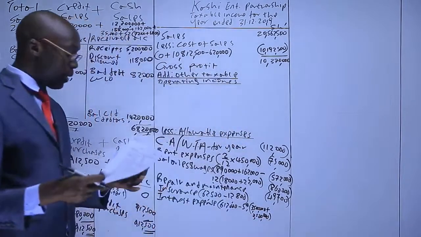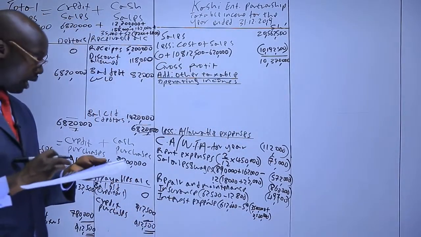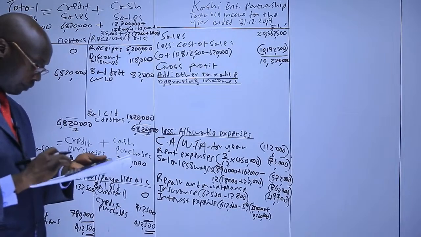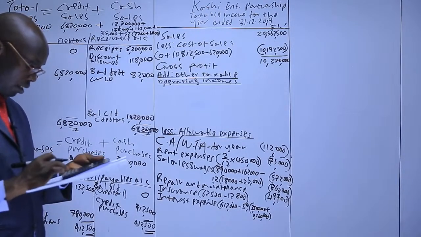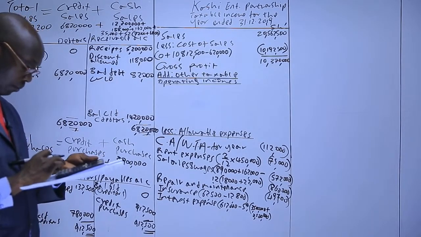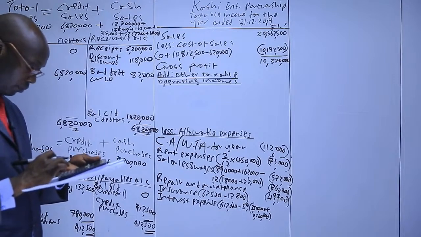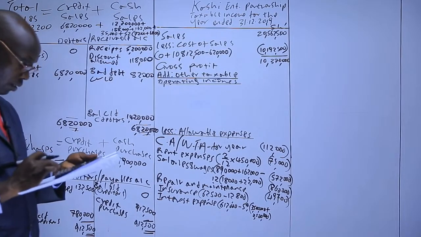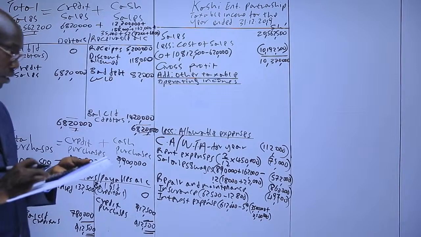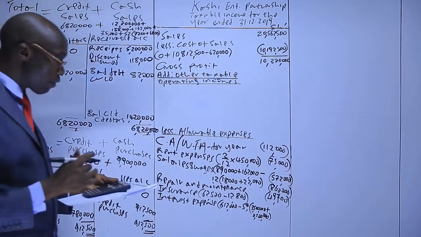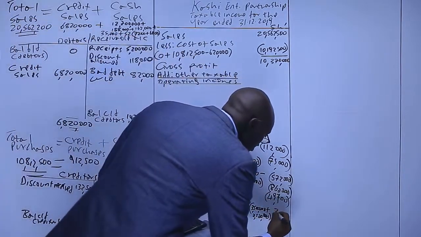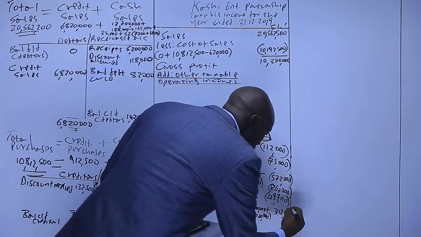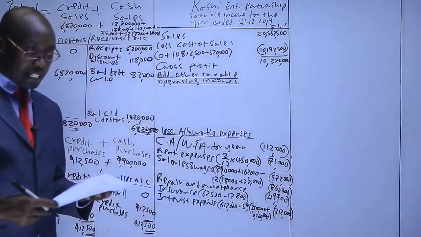So we add the capitals, which are 35 plus 25 times 5%, which give us 300,000, and we minus from 612, that give us 312,000. That's the one that is allowable, the one paid to the partners.